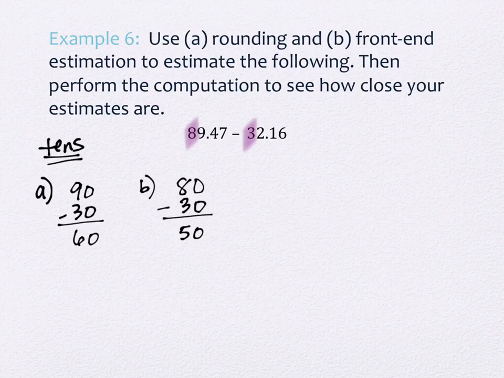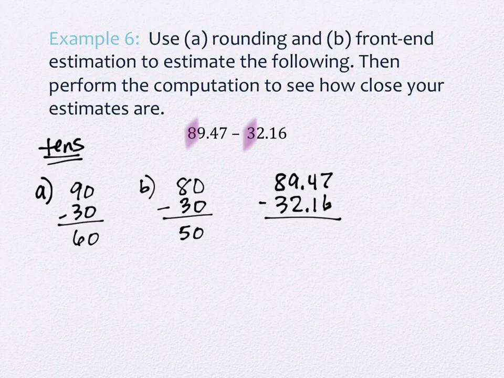And you can see how, depending on the values we're given, they might actually look exactly the same, right? That's a possibility. And then it says, then perform the computation to see how close your estimates are. So we're actually going to take the numbers we were given, 89.47 minus 32.16, and subtract.